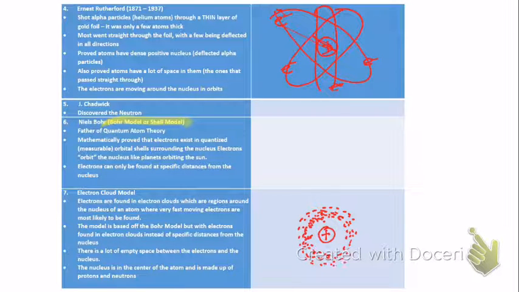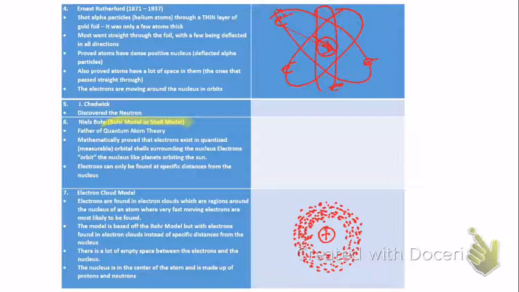And the idea of a cloud is to suggest that electrons can be anywhere within the cloud. All right? Electron can be anywhere within this cloud. But the idea is that we don't know specifically where it is, just somewhere within this cloud. In other words, it's based on the probability of where an electron would be located, okay?